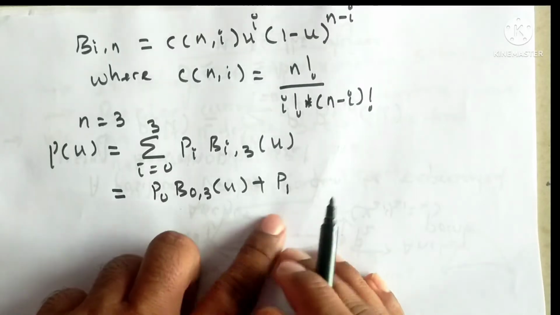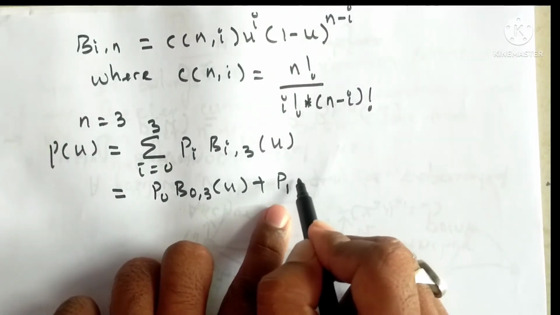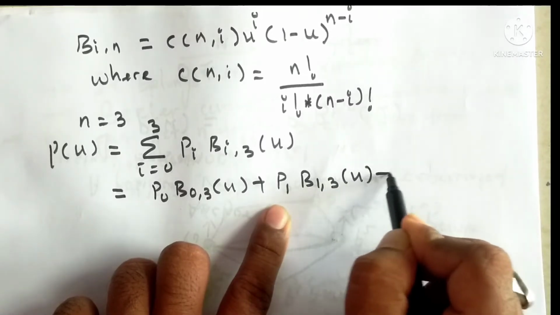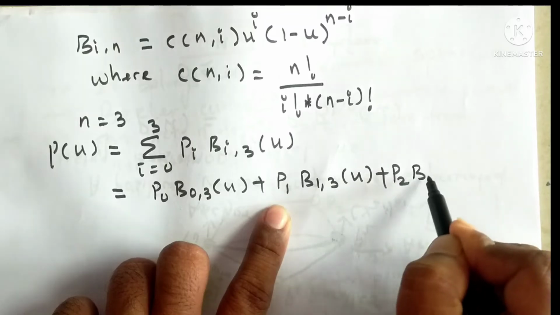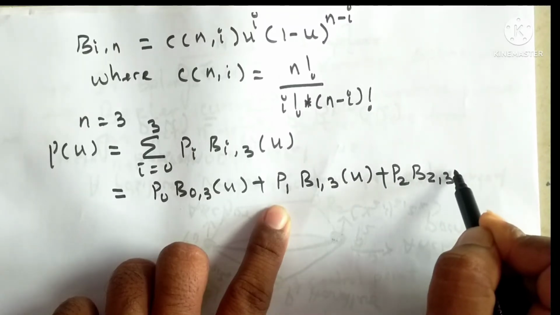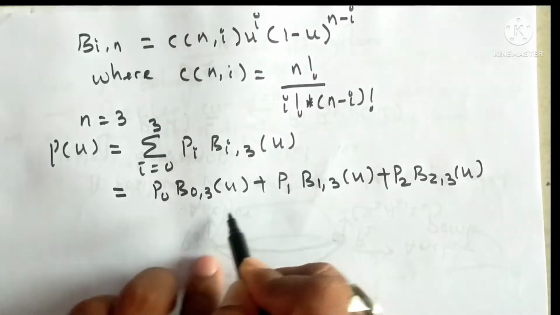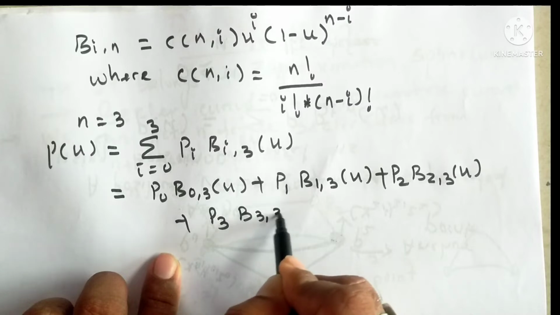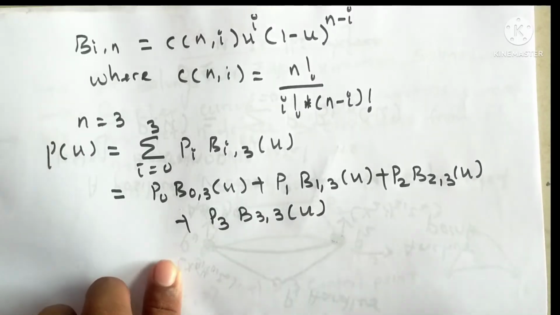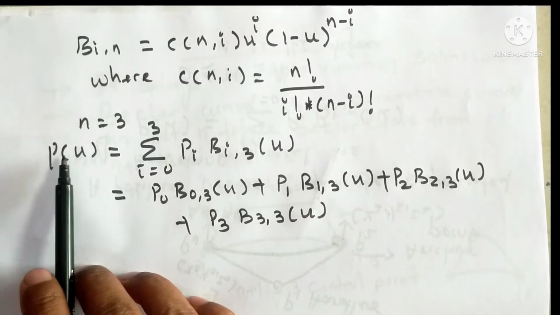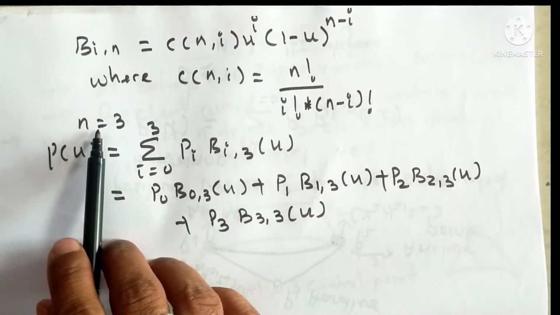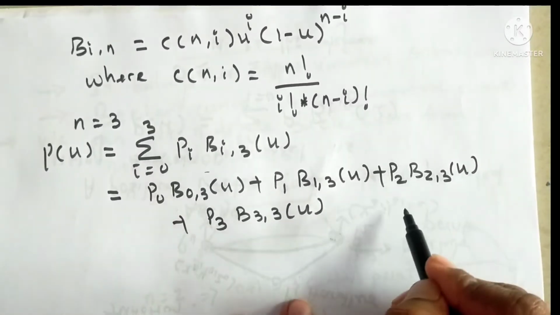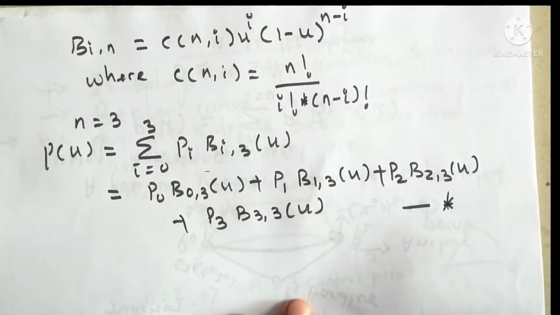P0 is the first control point, P1 is the second control point. Now the position vector for the degree 3 polynomial can be represented by the equation marked as star.